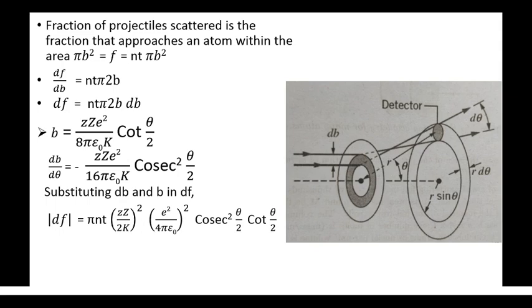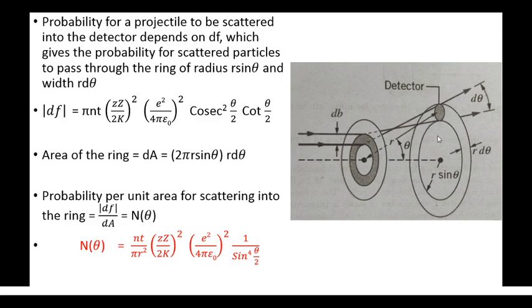Now here we had considered a ring, and what is the area of the ring? Here we know that r sine theta is the radius. So 2 pi r sine theta is the circumference. Circumference into thickness r d theta will give you the area of the ring. I repeat, here we have considered a ring, and with the help of this angle theta, this distance is r d theta.